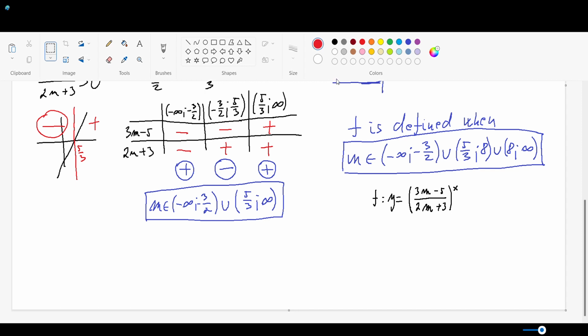Be careful, because this is not the solution and it doesn't say anything from the previous video. This doesn't say anything about monotonicity of the function, so we cannot simply say right now if the function is increasing on this interval or decreasing, because on all of these intervals the function can be increasing or decreasing.